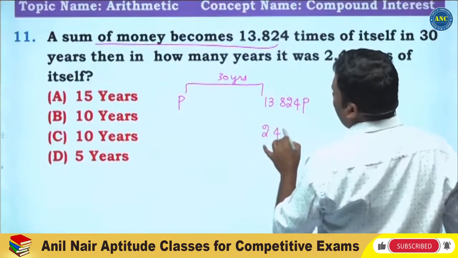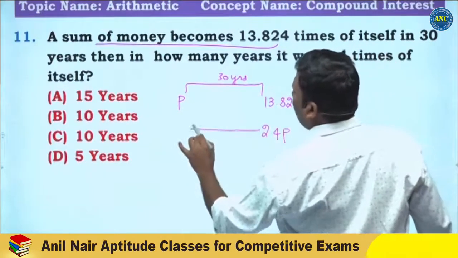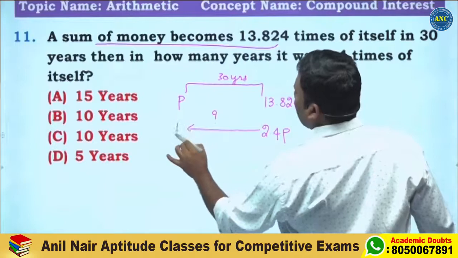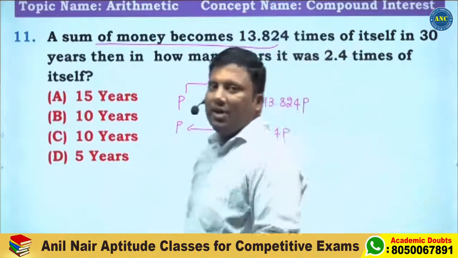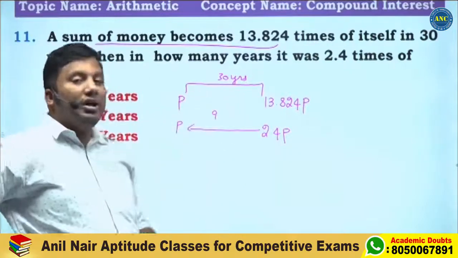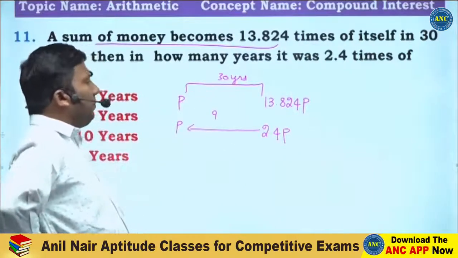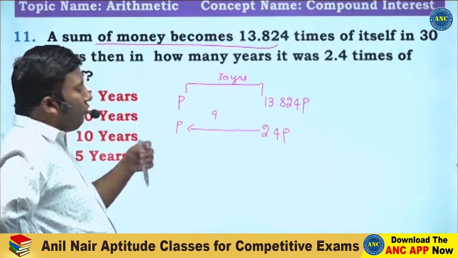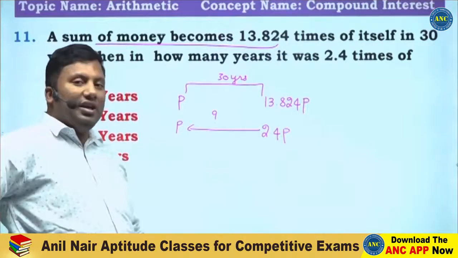This is the question. There is a certain sum of money which is becoming 13.824 times the principal in 30 years. For it to become 2.4 times the principal, how many years will it take?